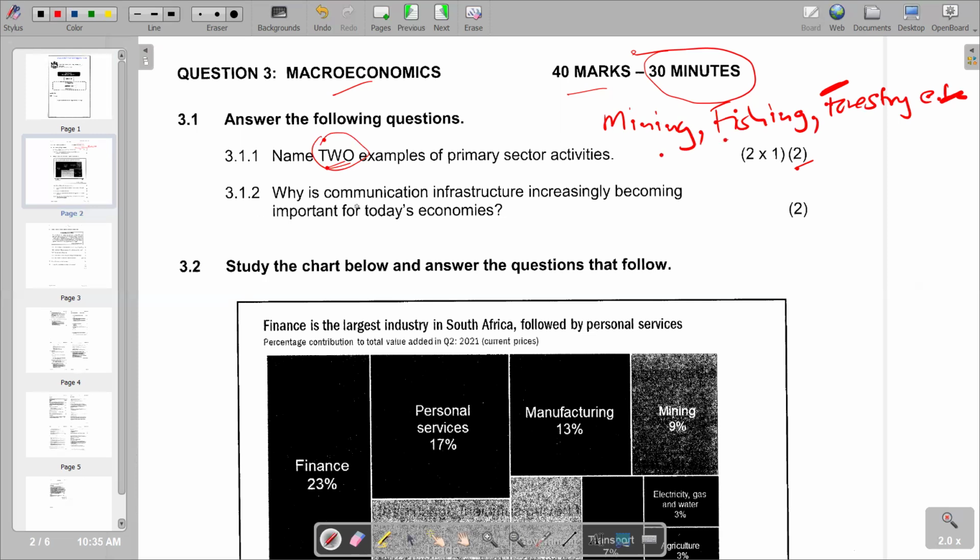So 3.1.2 reads, why is communication infrastructure increasingly becoming important for today's economy? So basically, we're going to give the reasons, or the strengths, of communication infrastructure. But we know that communication basically is an interaction between 2 parties. When we have interaction taking place, we call it communication. So when it becomes communication infrastructure, it means we are trying to develop that communication process.